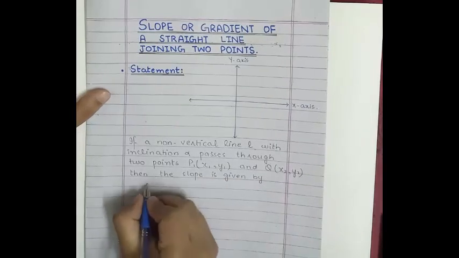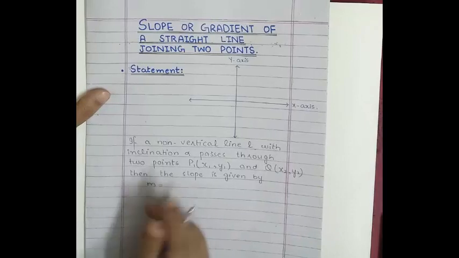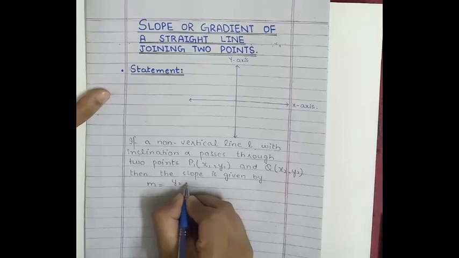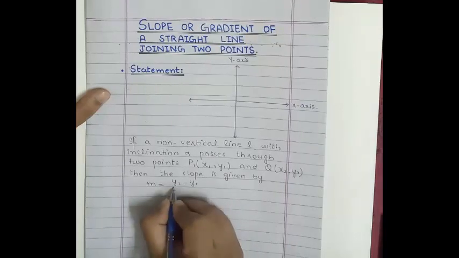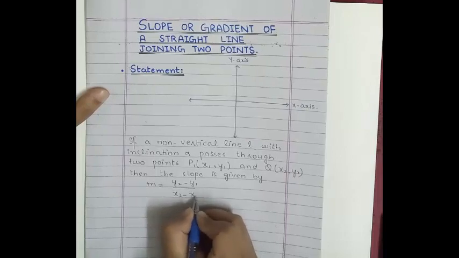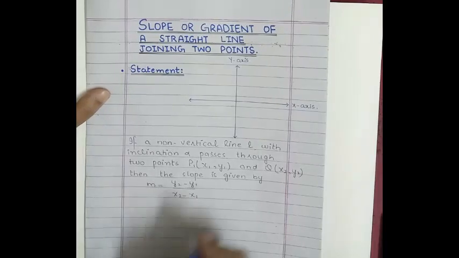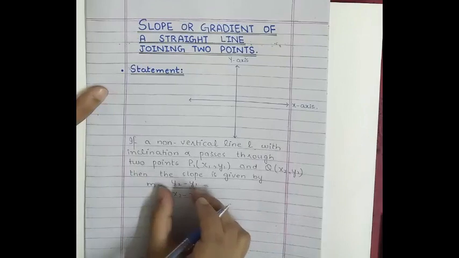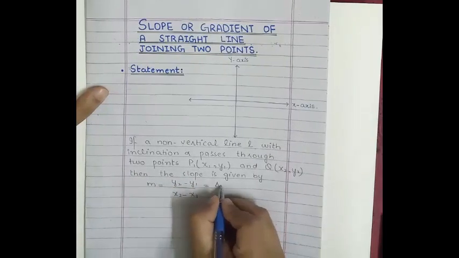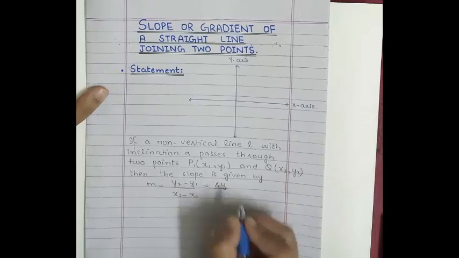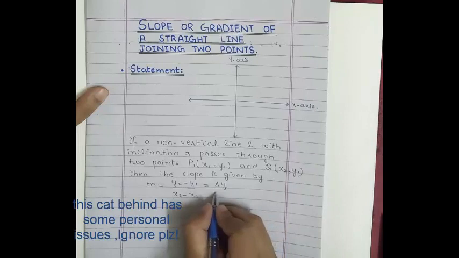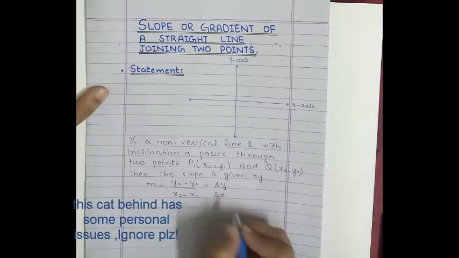we represent slope as m. So m is equal to y2 minus y1 divided by x2 minus x1, which we also call the difference between 2 points, represented as delta y, and the difference between 2 points x1 and x2 represented as delta x.